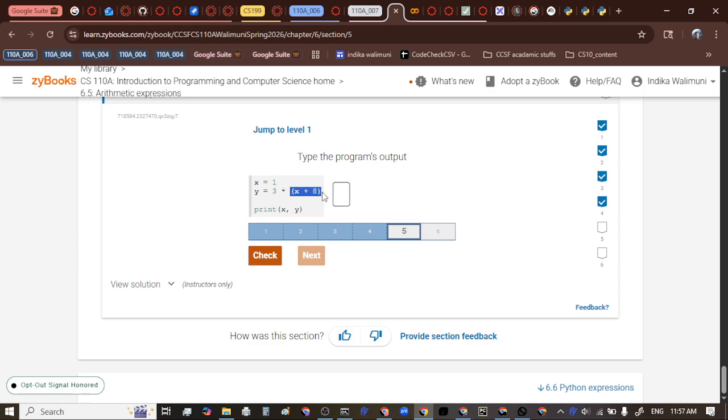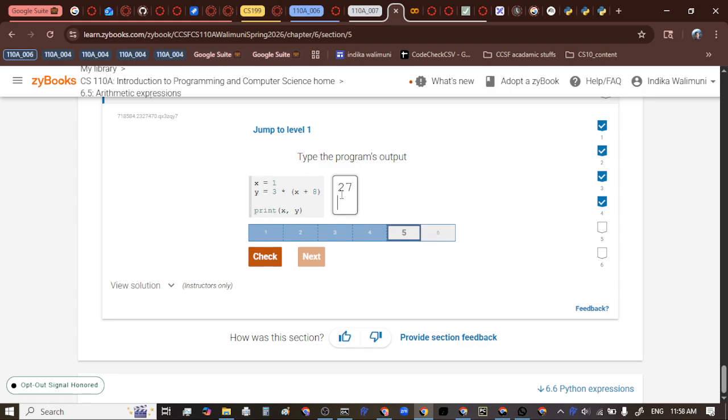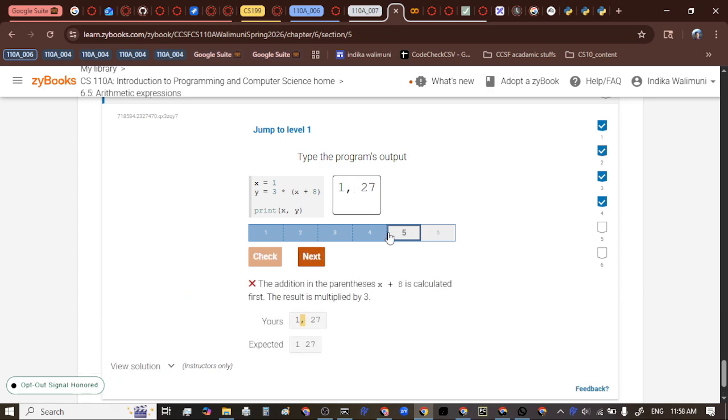Because parentheses have higher precedence over multiplication. So add 1 to 8, so 9 times 3, 27. Oh, and then you have to print both. Oh man, no commas, okay.